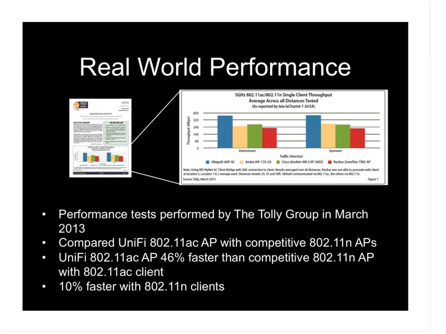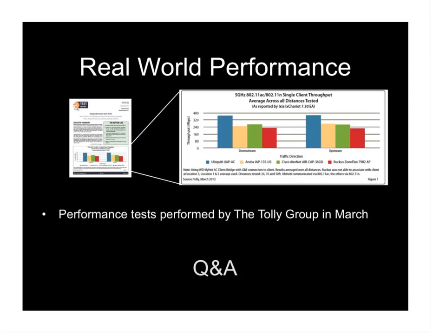By the way, for those of you that are interested, you can download this report for free off the UBNT website. Just go to the UniFi area and click on the What's New tab, and you'll be able to download this report and see all of the data.